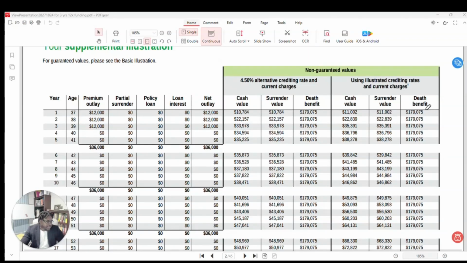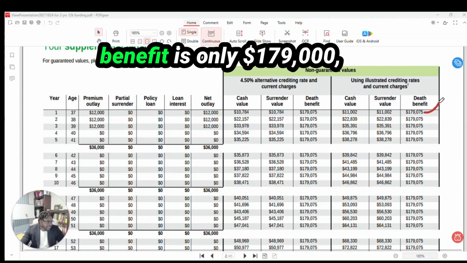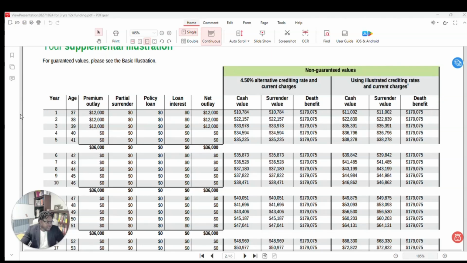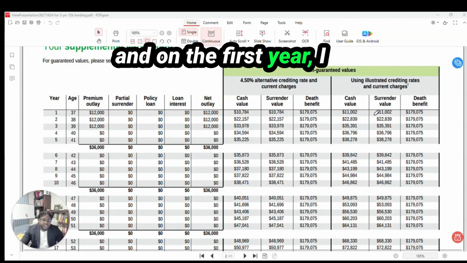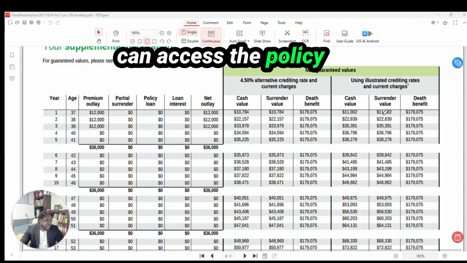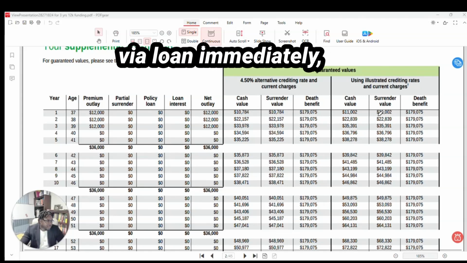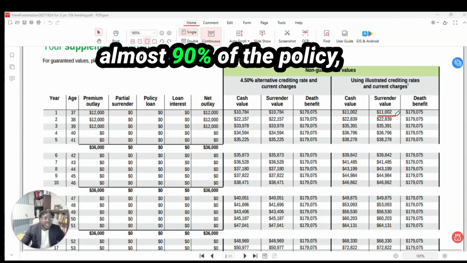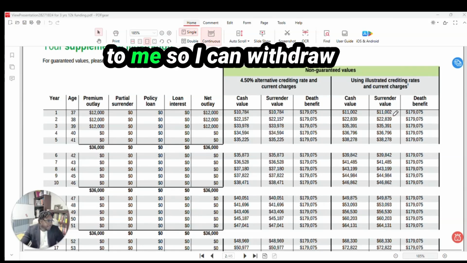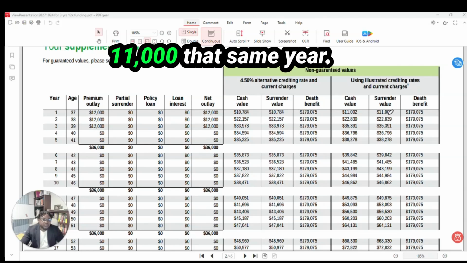And you notice the death benefit is only $179,000. And in the first year, I can access the policy via loan immediately. Almost 90% of the premium is available to me. So I can withdraw $11,000 that same year.